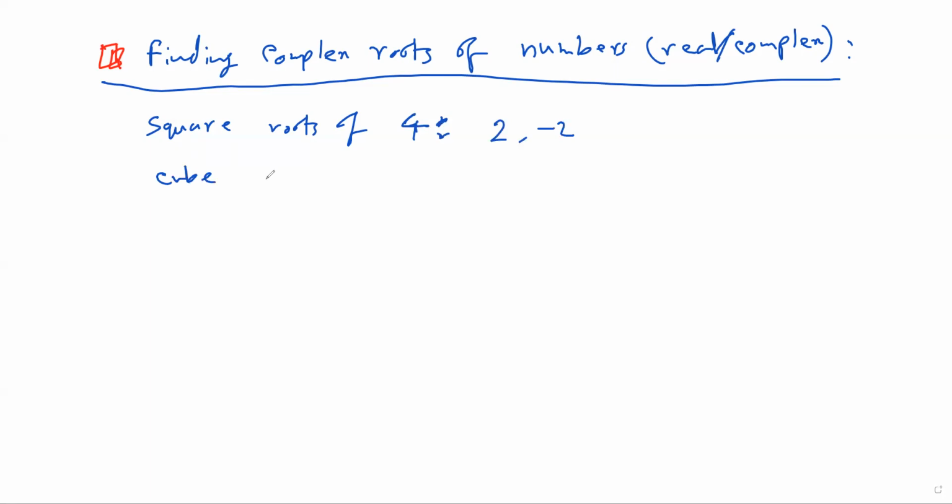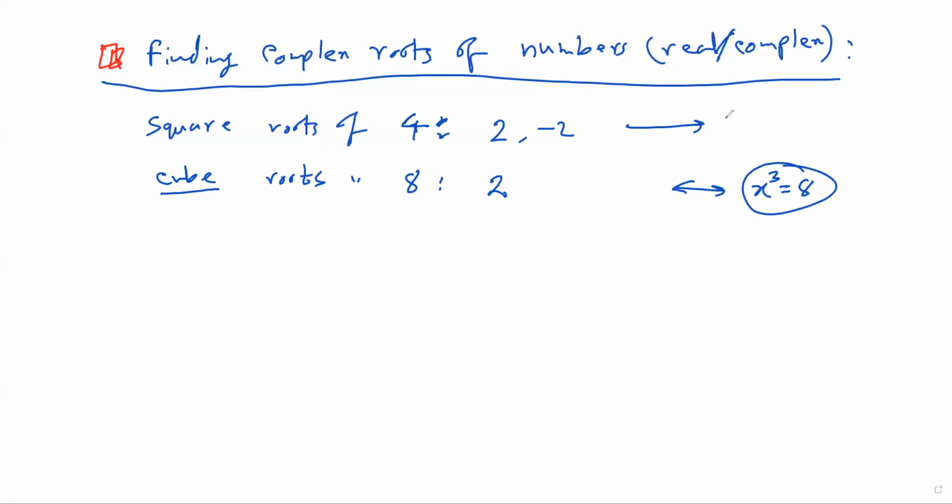Similarly, cube roots of 8 are, this is interesting because the only cube root some of you may have found for 8 is actually 2. But since we are dealing with cube roots, you can think of the equivalent problem of finding the solutions to the equation x cubed equals 8.